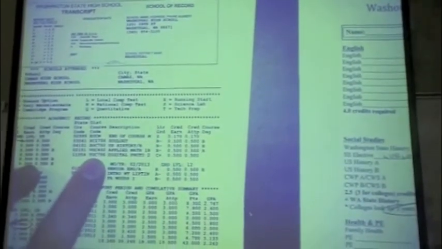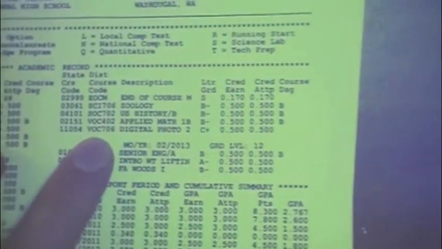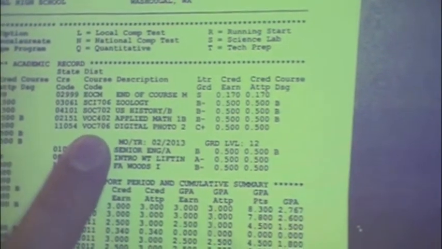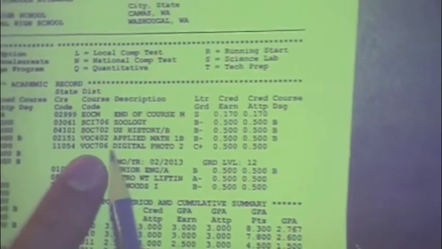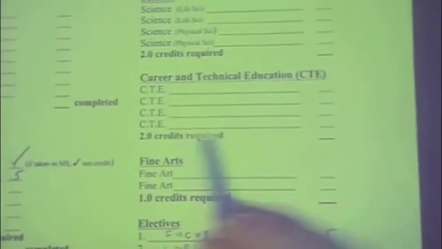One thing to make a note of is that if a student needs fine arts credit, there are classes that count as both fine arts or CTE or electives, and they count in a number of different categories. So one example is Digital Photography 2. Even though the code is VOC, which would go under the CTE, it would go here typically.